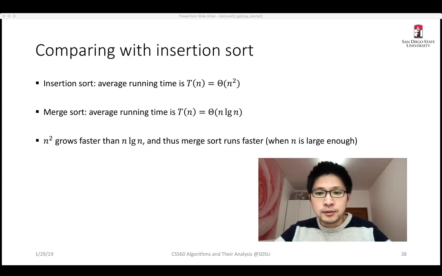Therefore, we show that merge sort is a more efficient algorithm than insertion sort, at least from the perspective of total running time. And this difference is particularly significant when your input array is very large, when n is large enough.